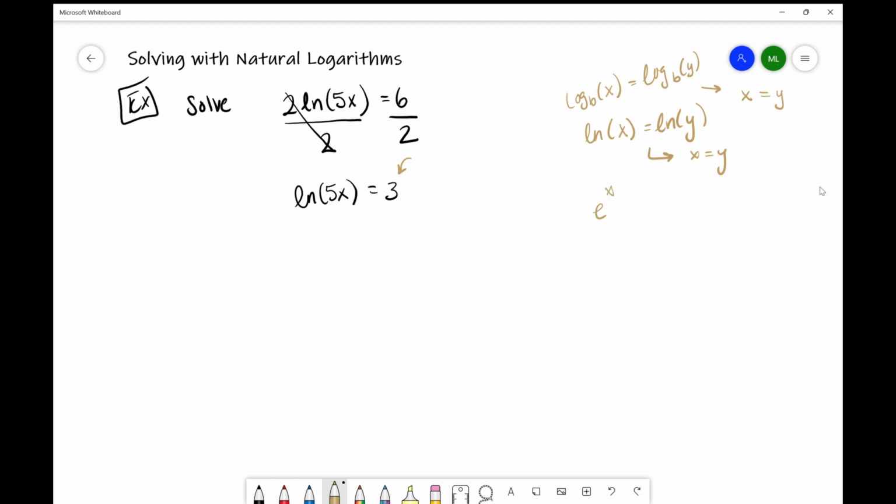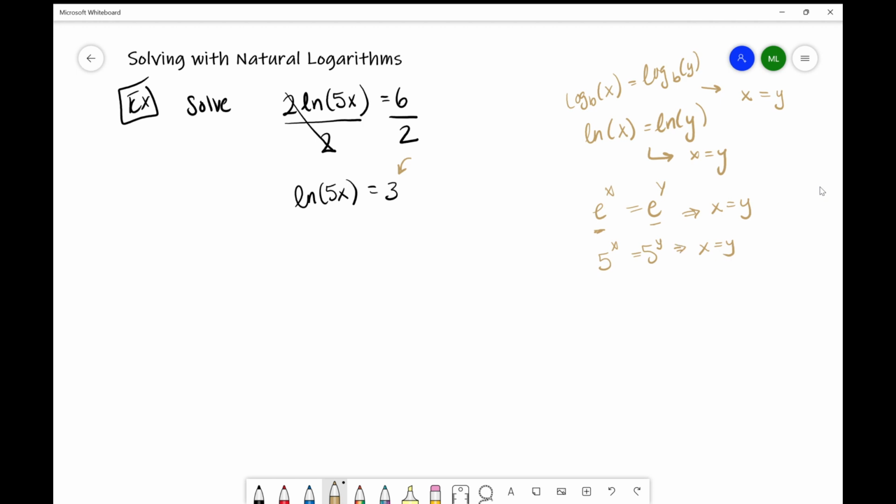Remember this rule: if we have the same base on both sides, then we can set the exponents x equal to y. For example, if you have 5 to the power of x is equal to 5 to the power of y, then you could say that x is equal to y.